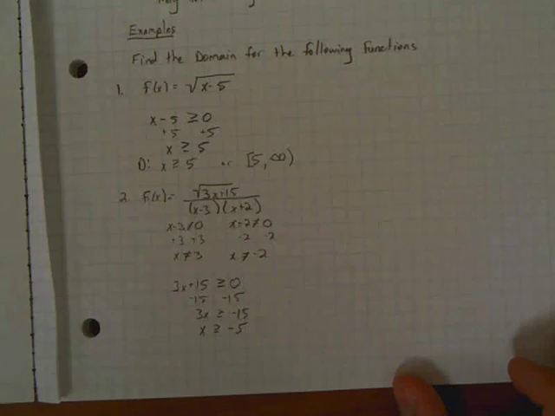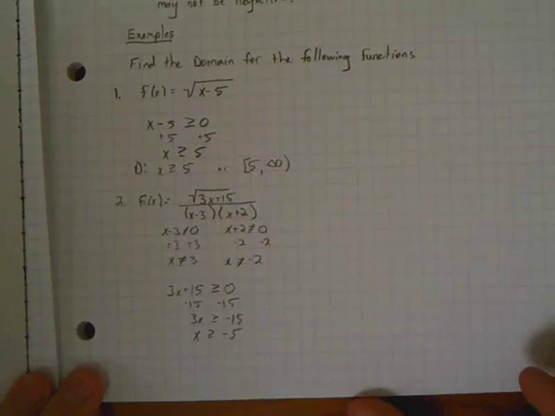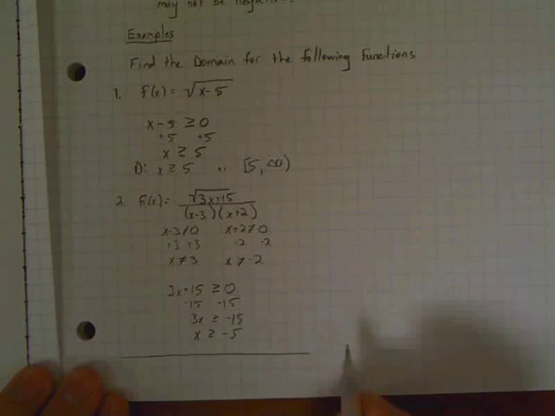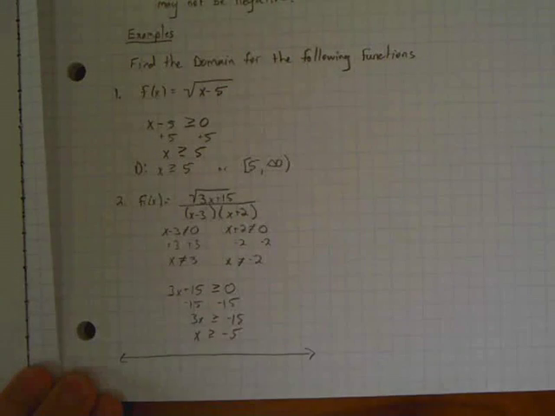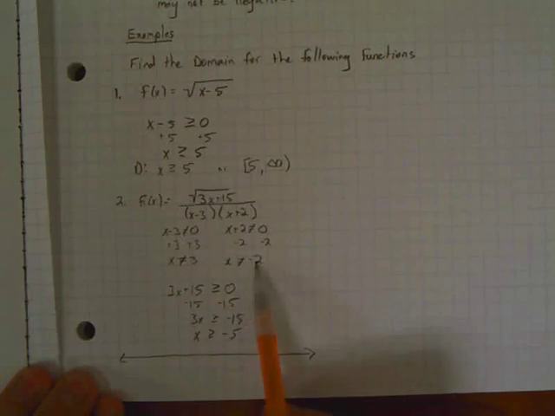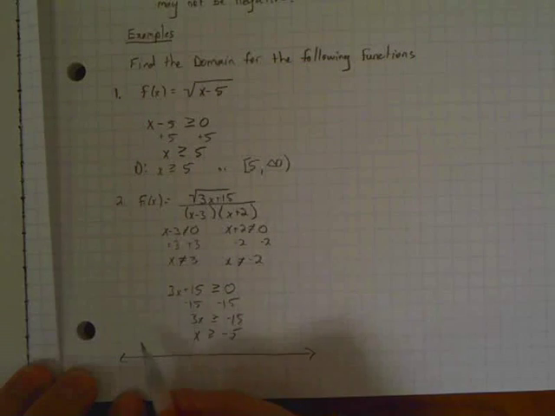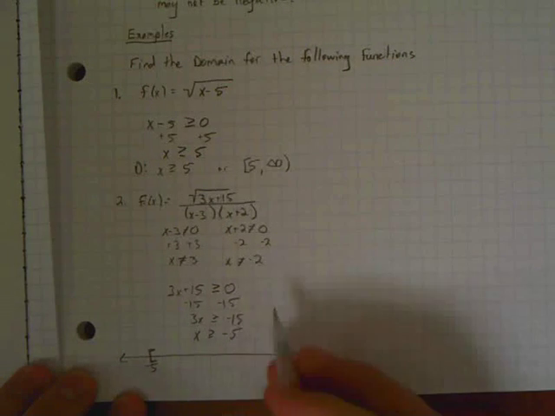So now we've got to put it all together. We've got a couple of pieces here, and putting those pieces together is what we want to do. One thing that makes it a little bit easier on me is to first put it on a number line. And here are all my important points. I know that we have -5, and x has to be greater than or equal to that, so bracket that.